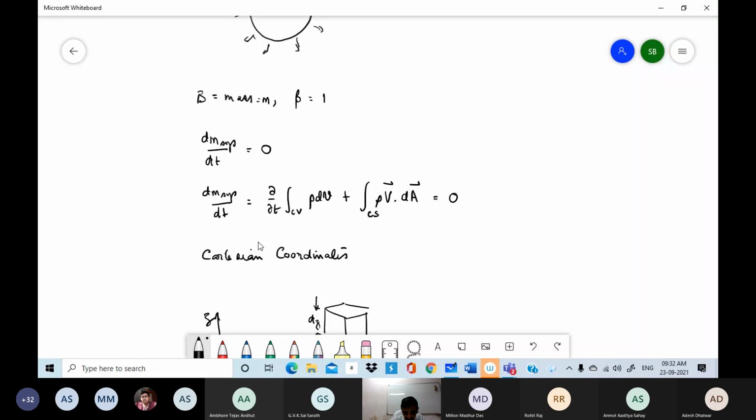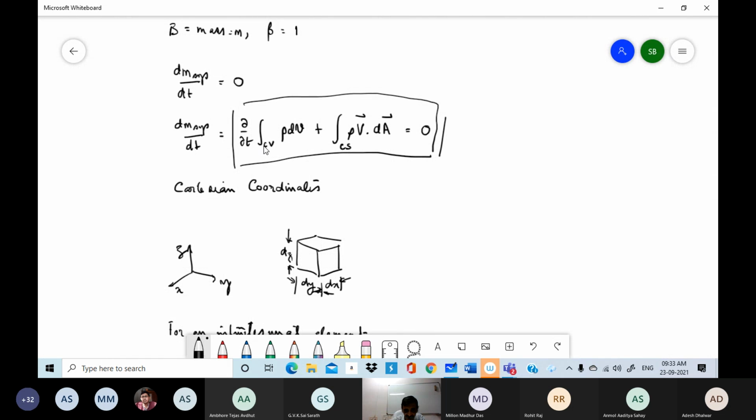So this was our equation expressing conservation of mass. So this had the derivative of the integral over the control volume, and the integral over the control surface.